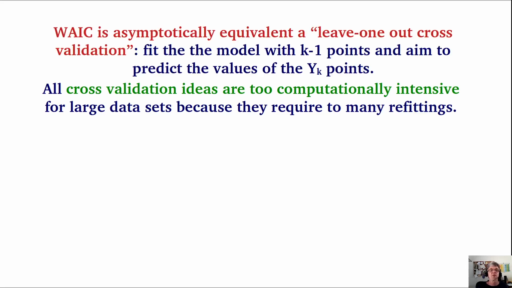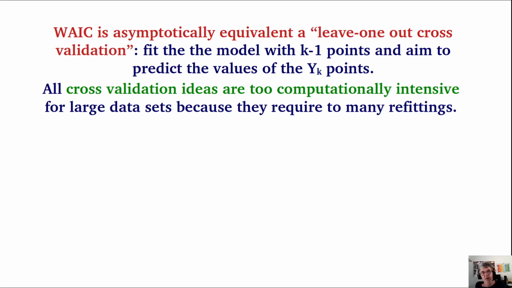So the WAIC is asymptotically equivalent to the leave one out cross validation. This idea of the leave one out cross validation is to fit the model, obtain the parameters, extract one of the points, one of the rows in the data set, refit the model, and try to predict the value of the left-out point based on the model fitted on k-1 points.